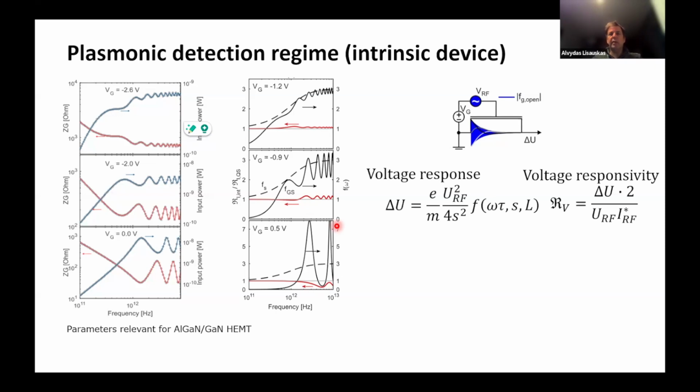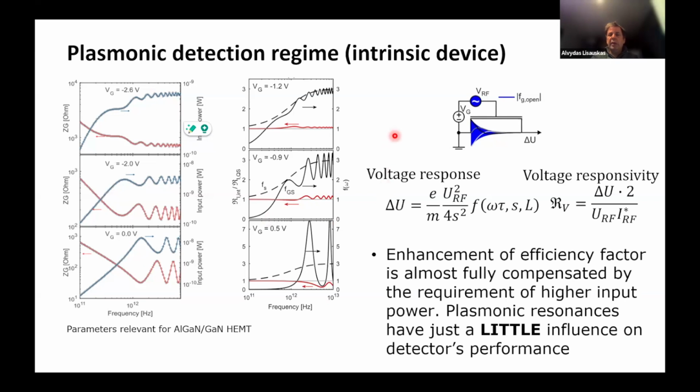So that's a message which I would like to leave: that enhancement factor, what was predicted, has just a little influence on detector performance. Nevertheless, this is what I would like to outline very strongly. That's a very nice phenomenon.